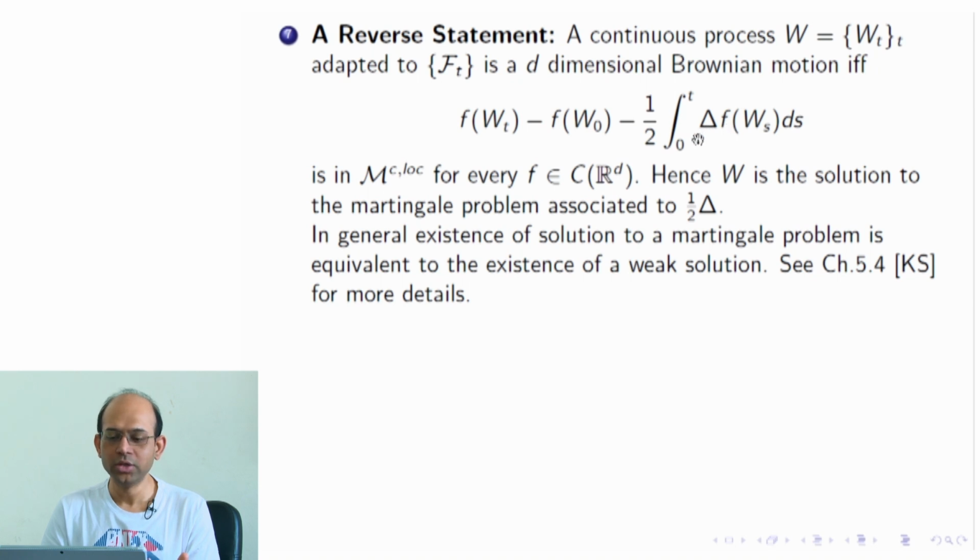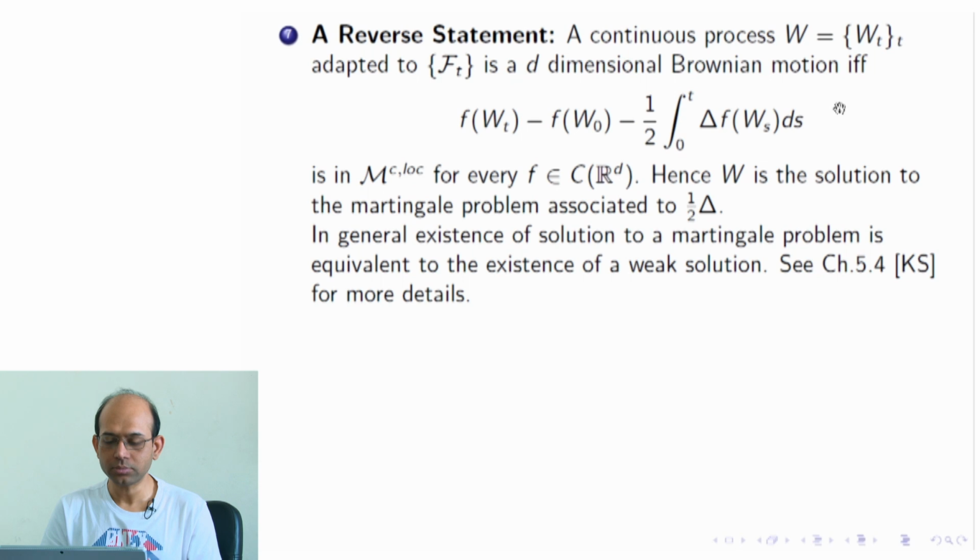Then this process, as a function of t, is a continuous local martingale no matter what f I choose. There is a typo here: it should be C2, twice continuously differentiable. No matter what twice continuously differentiable f we choose, we would always get a continuous local martingale. Such a process is called a solution to the martingale problem associated to half Laplacian.